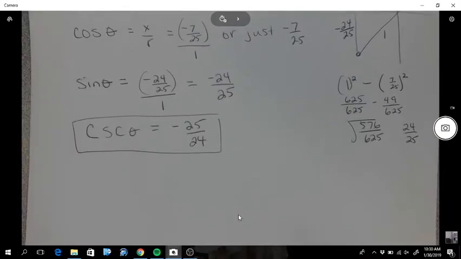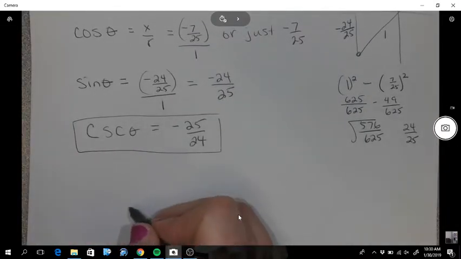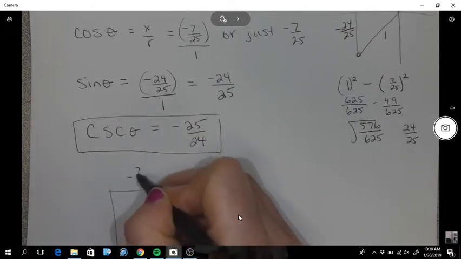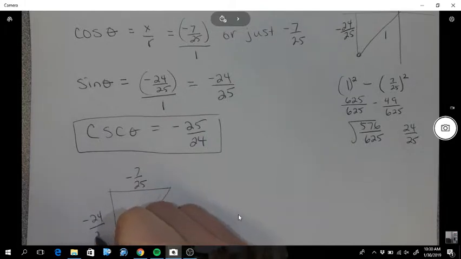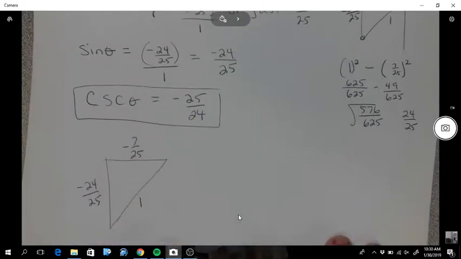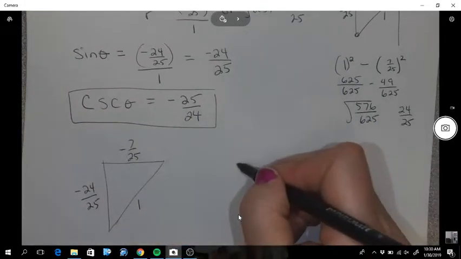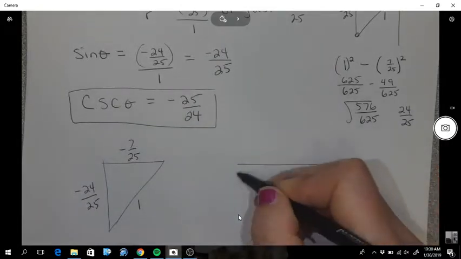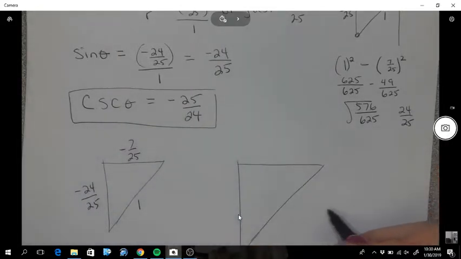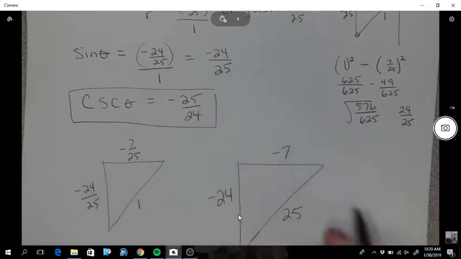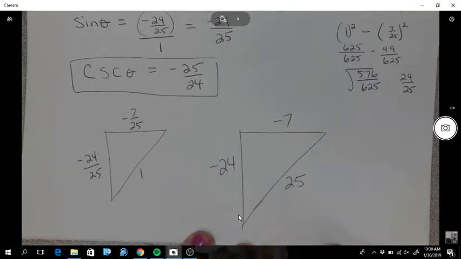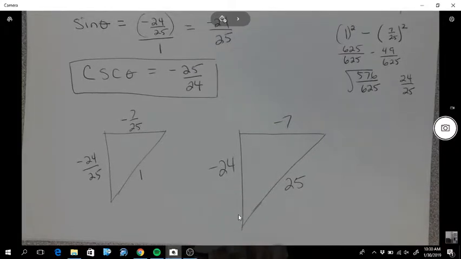So as you can see, if we had this as our triangle, our numbers will be the exact same if we just think about it as a proportional and times everything by 25, and everything will be the exact same if you think about that as your ratios as well.